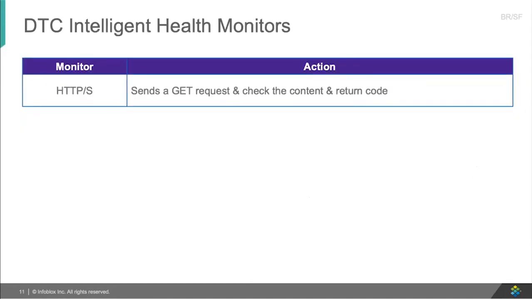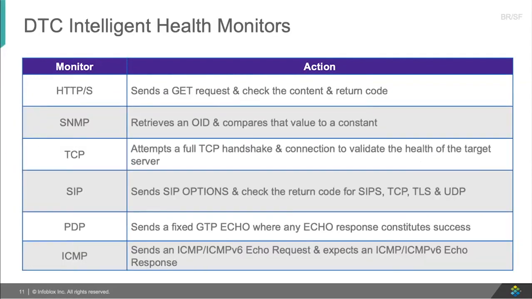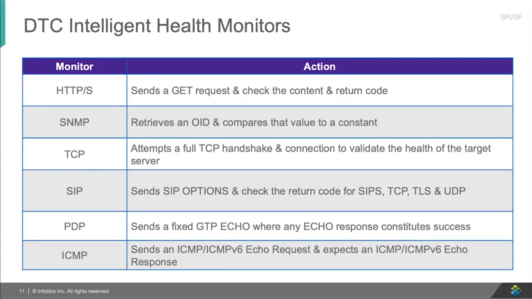And then Scott, we also have health monitors as well, and there's a whole variety of them, right, that DTC uses. There are, and we've been adding to this, and we've been building this up over the last couple of years. So, for folks on this call that are running DTC that might have an older version of software on your grid, make sure to get that updated, because we've added functionality such as in the HTTPS monitor.